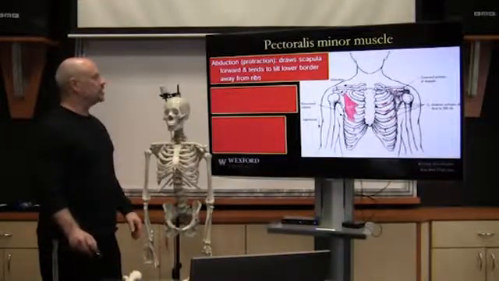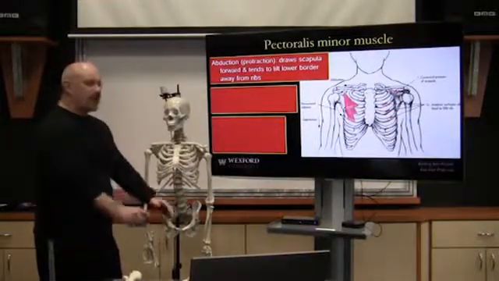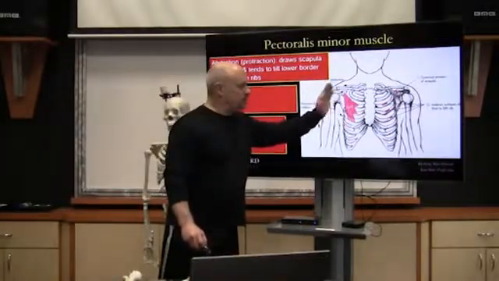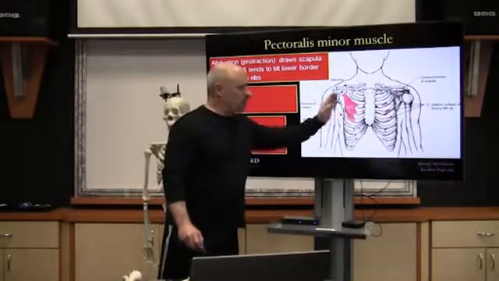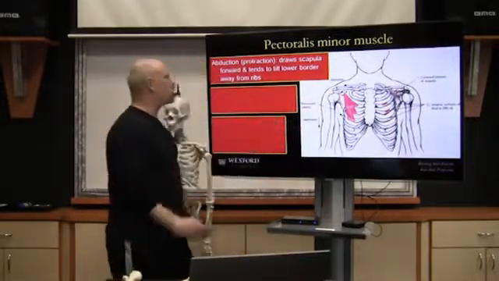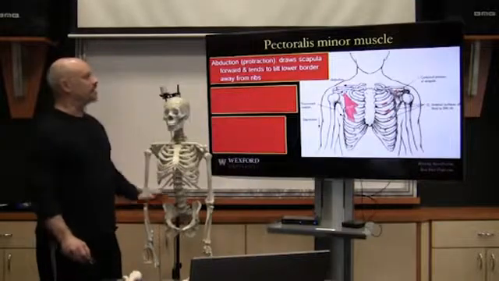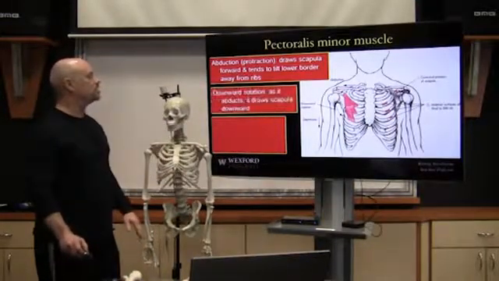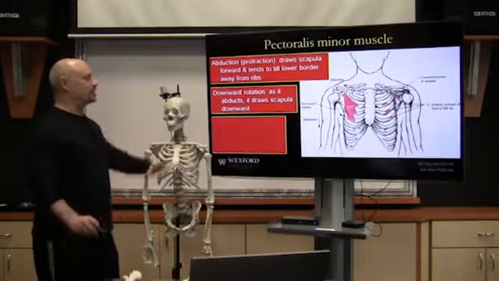Pec minor does abduction or protraction. So look at when they're pulling. Origin and insertion: the insertion always pulls toward the origin, so it's going to pull it that way, away from the spine. It tends to tilt the lateral border of the lower border away from the ribs. It does downward rotation.